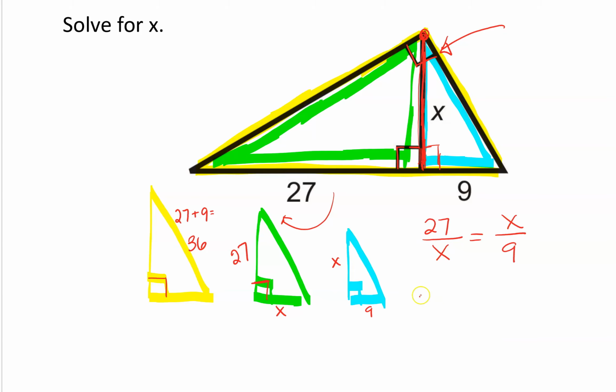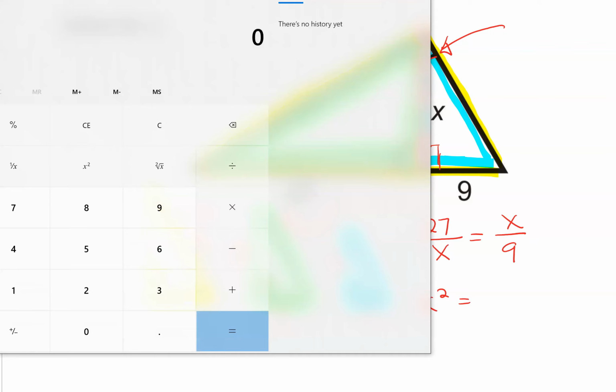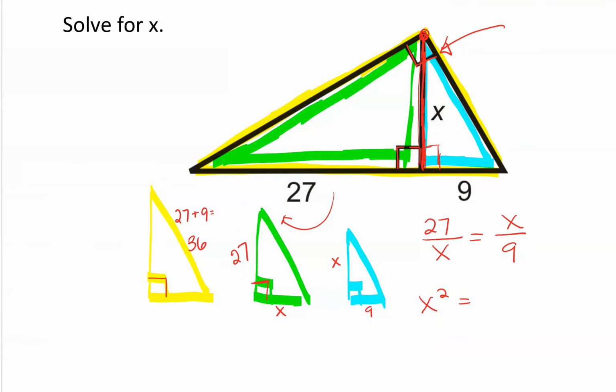I say x times x is x squared. 27 times 9. Get a calculator on the side. 27 times 9 is 243. And then to solve x squared, to undo something that's been squared, I take its square root. So the square root of x squared is just going to be x.